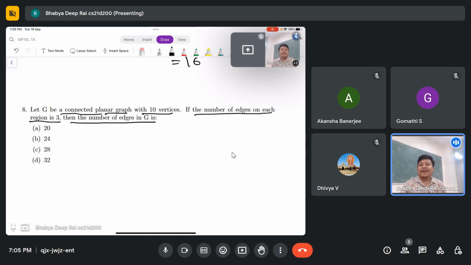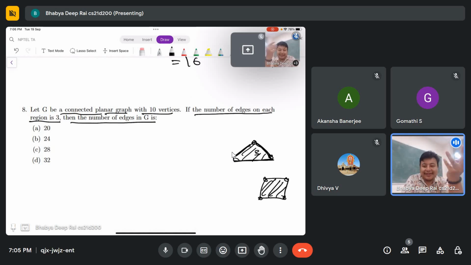What do I mean by number of edges in each region? If this is a region, there are 3 edges covering the boundary of that region. If a region were covered by 4 vertices, that would not count, so they are strictly saying it's 3. Can we count the number of edges? That is what we are asking.